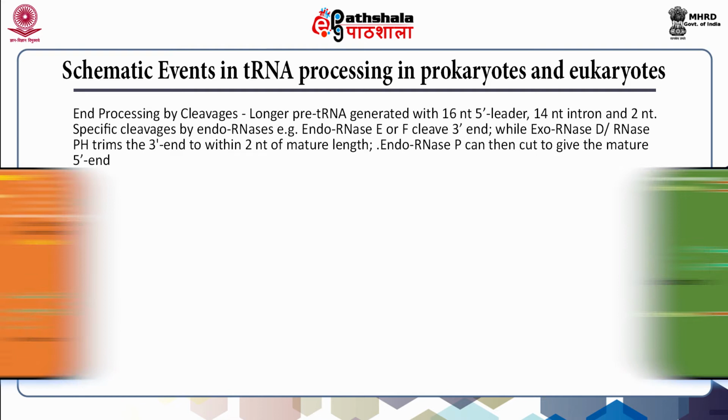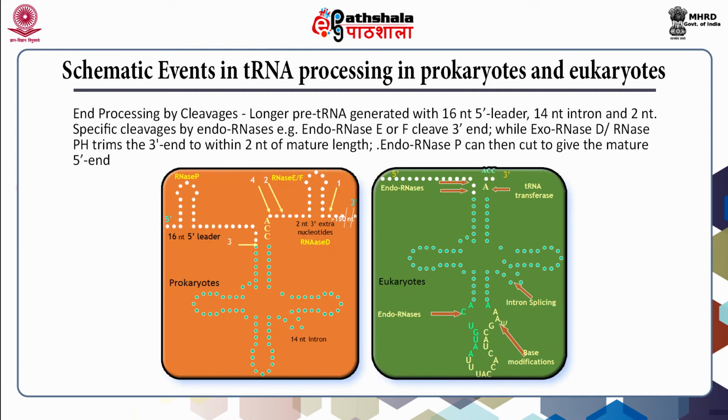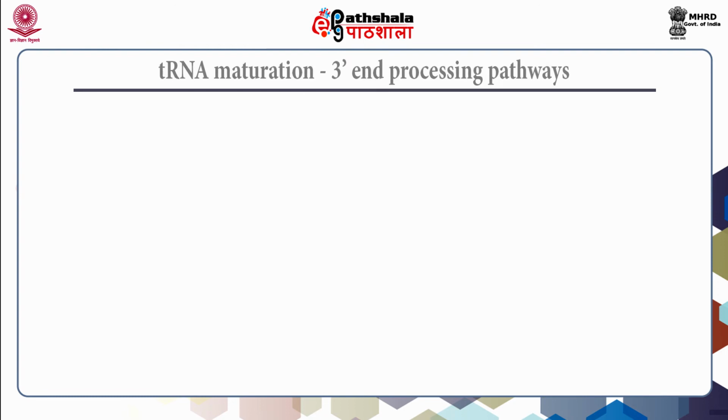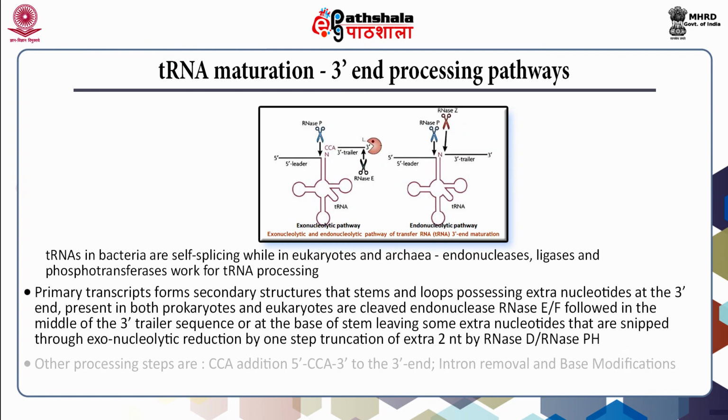Both prokaryotic and eukaryotic tRNAs contain extra nucleotides at the 5' end that are severed by the endonuclease RNase P. This enzyme is a ribozyme comprising a catalytically active RNA molecule and small basic protein subunits, capable of catalyzing chemical reactions on its own, also termed ribonucleoproteins.